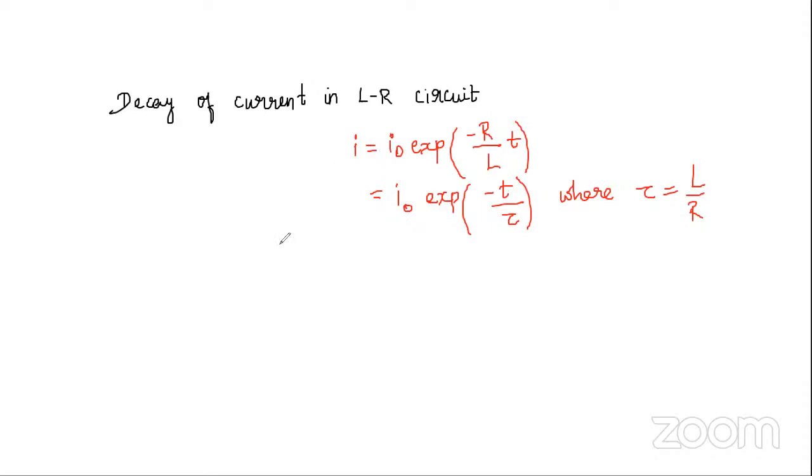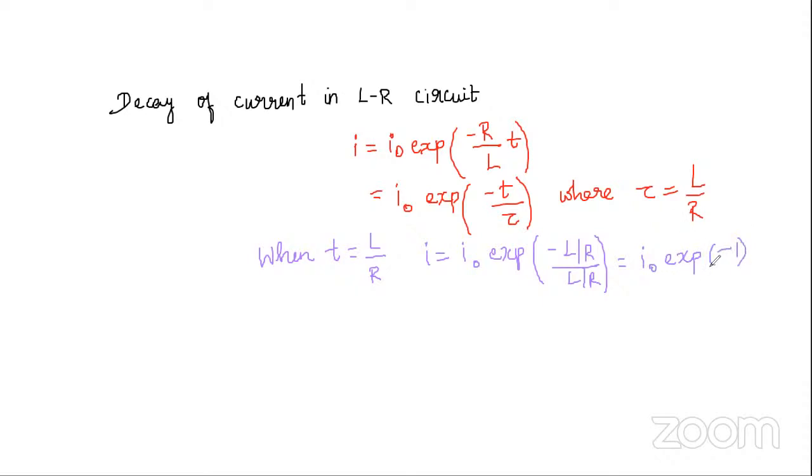That is the case. So when t equals L by R, what happens to the current? I equals I naught e to the power minus L by R divided by tau, and tau is also L by R. So that will be I naught e to the power minus 1.